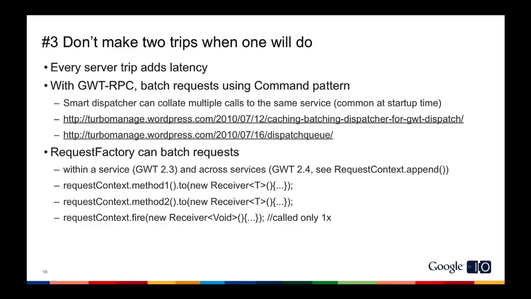With GWT 2.4, which the beta came out this week, you could actually do this across services as well, using the request context.append method. So that's a good way, again, to minimize the chattiness of your application to the server and thereby improve its responsiveness.